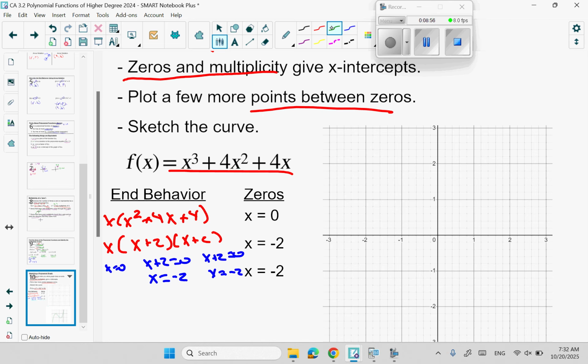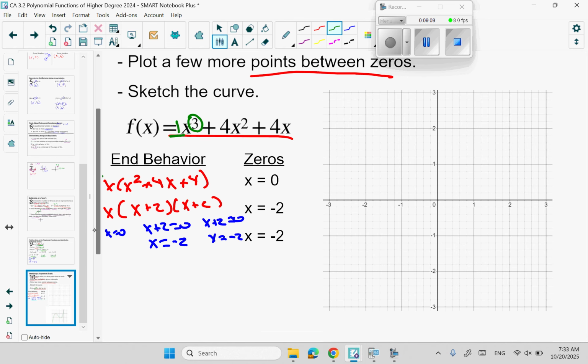Now, I have an odd degree and a positive 1 for my leading coefficient. So based on the end behavior test, I know that my arrows have to be down and then up.